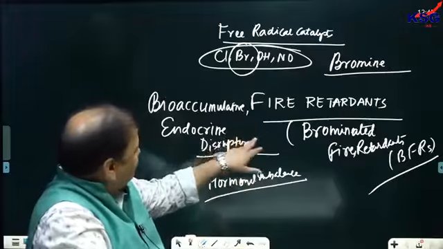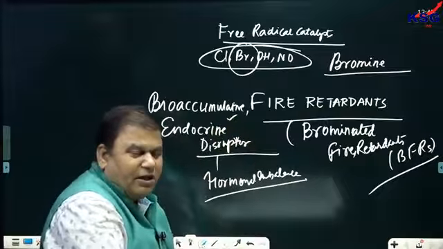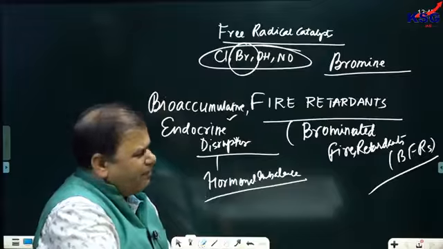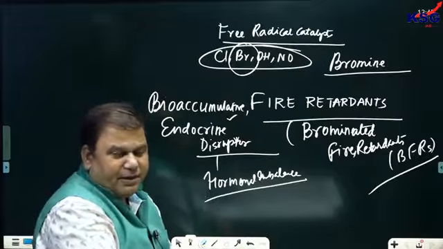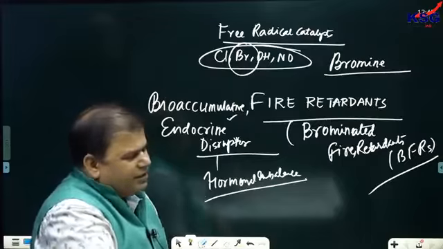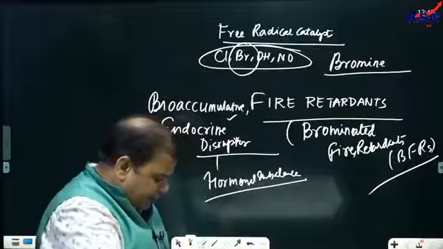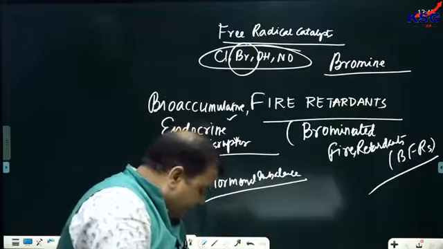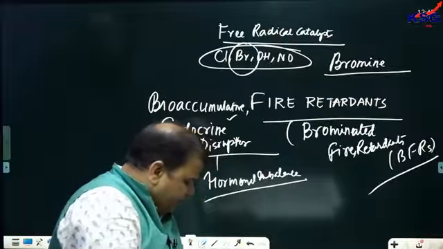So one thing is, in UPSC they have asked you about the adverse impact of BFR. But a type of brominated compound, methyl bromide, is also used as a pesticide in the field of agriculture.